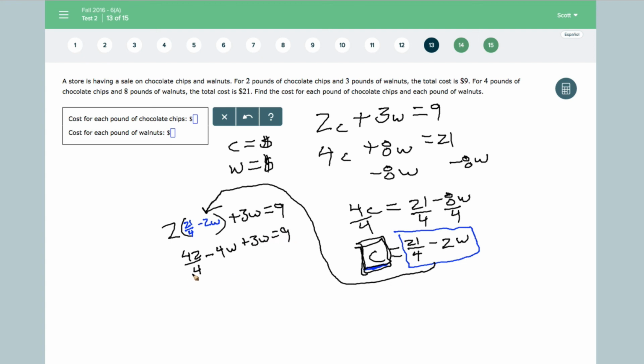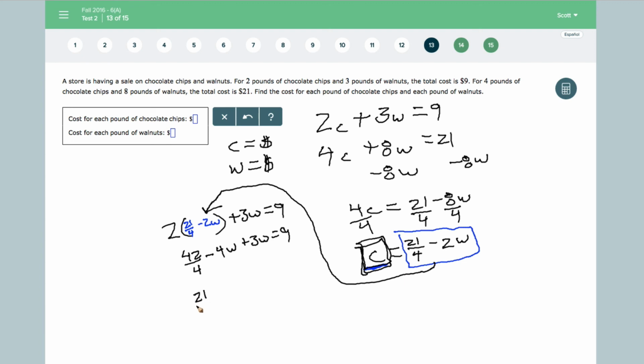Well, 42 divided by 4, if I do that on a calculator, I see that it is 21. Nope, that was 42 divided by 2. I knew that didn't sound right. 10.5, which is 21 over 2.